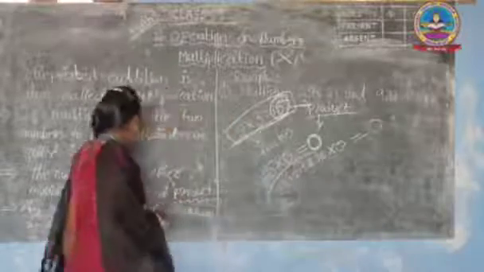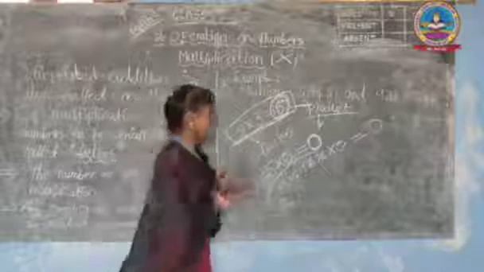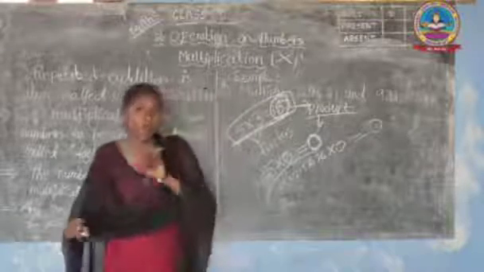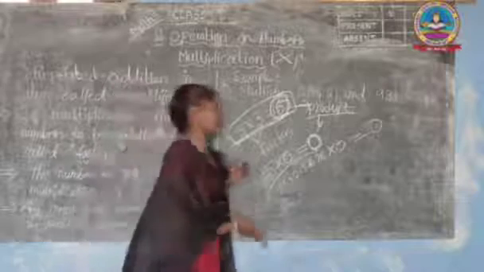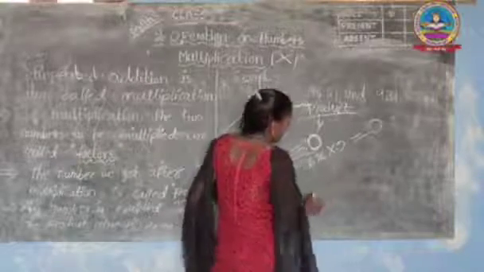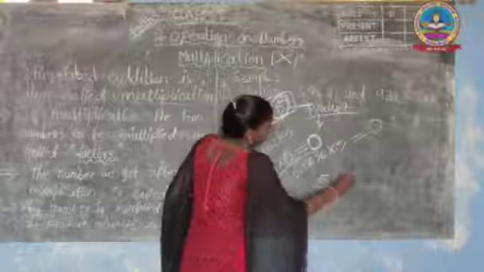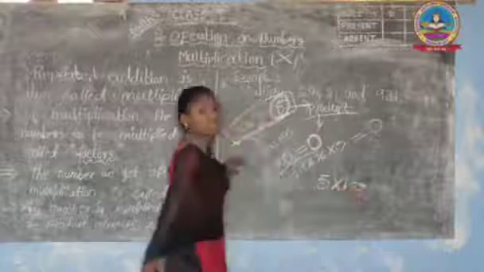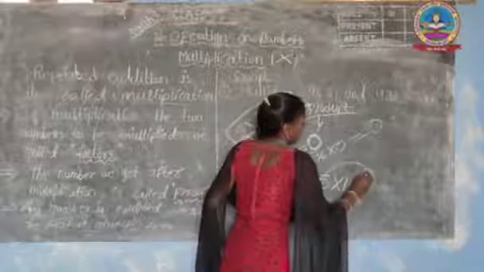The second rule is, any number multiplied by 1, or 1 multiplied by any number, the product is the number itself. For example, 5 multiplied by 1. What is the product? Yes, the number itself, 5.